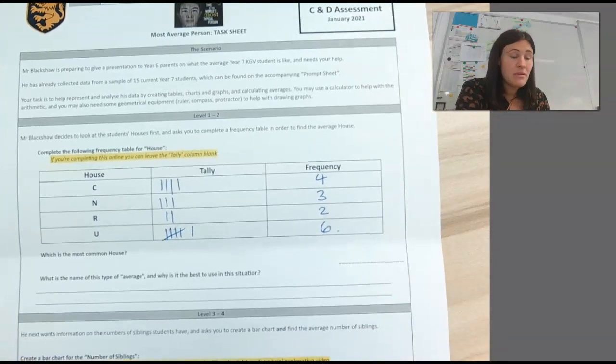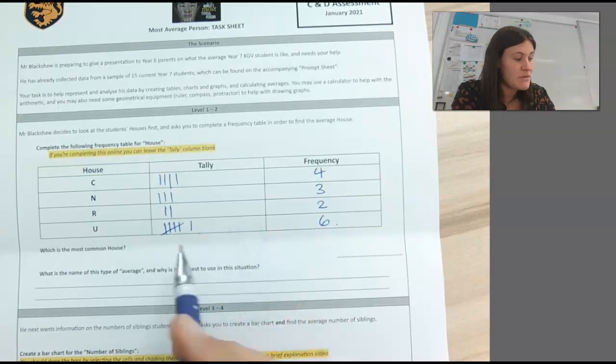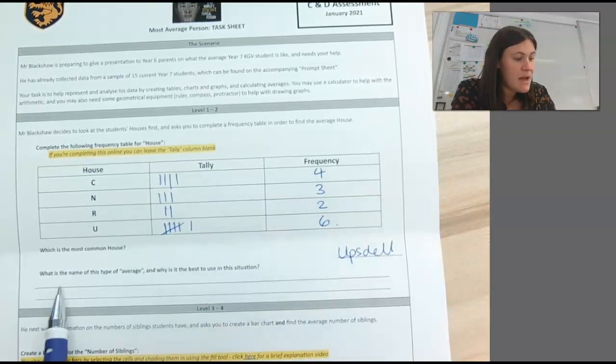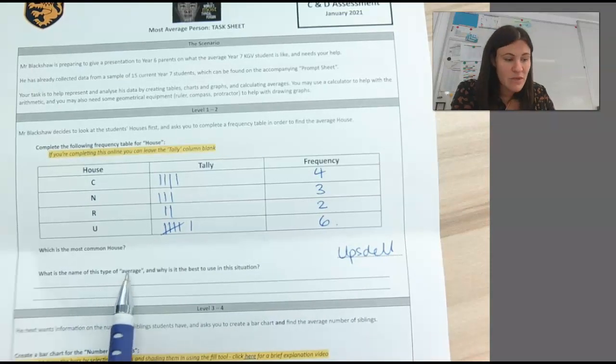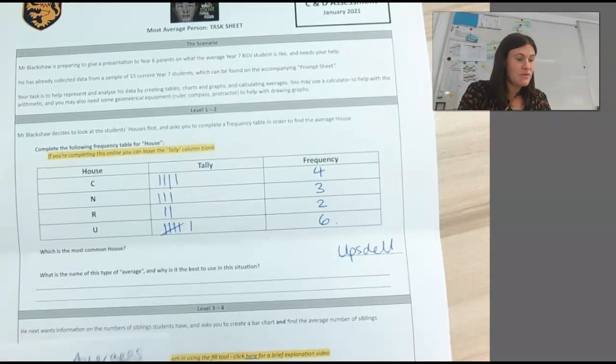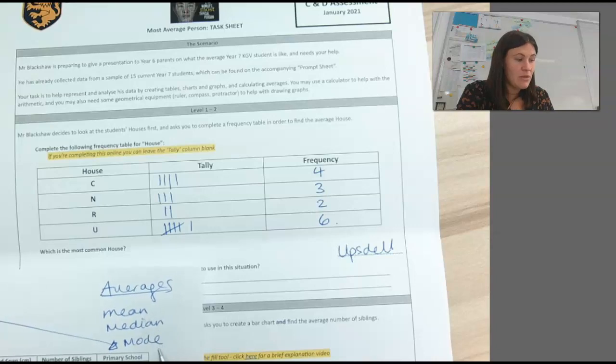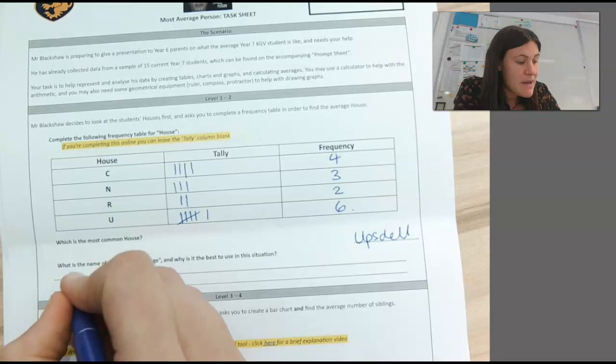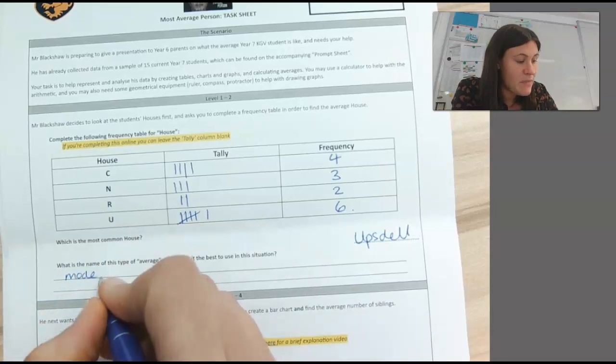Which is the most common? Well, the most common one is the one I've got most of, so that's Upstill. So you could put a U there, or you could write Upstill. And what is the name of this type of average? Well, we've got three types of average to choose from. Mean, median, or mode. Well, it's the most common, this is the mode. And why is it best to use in this situation?